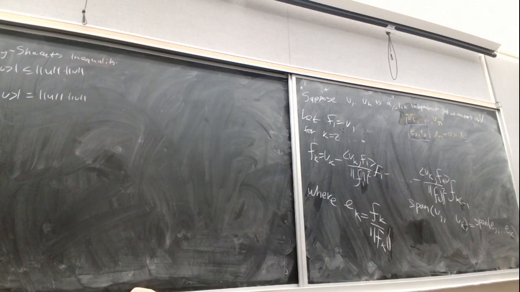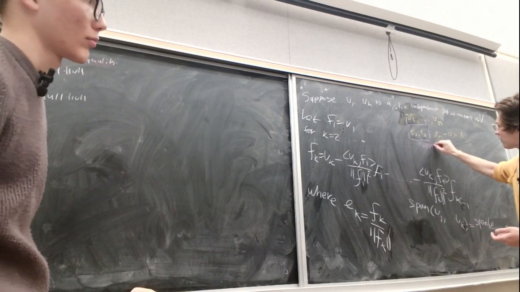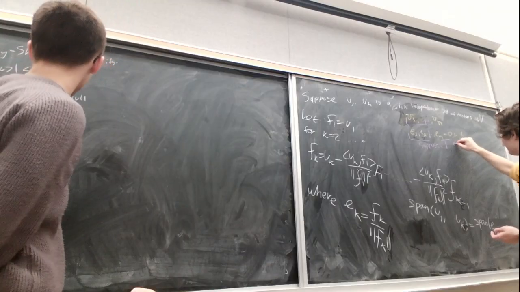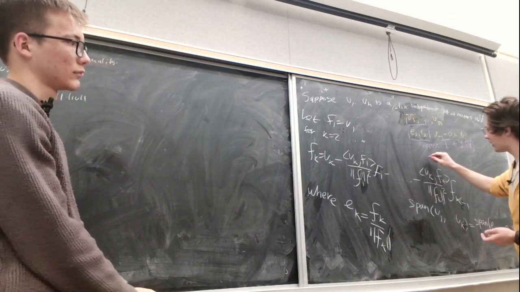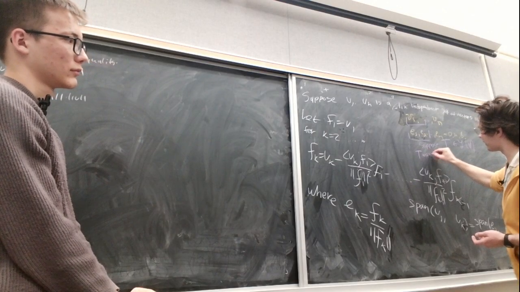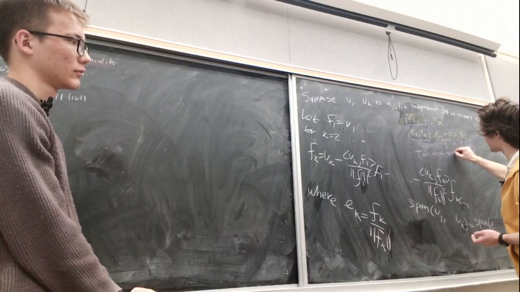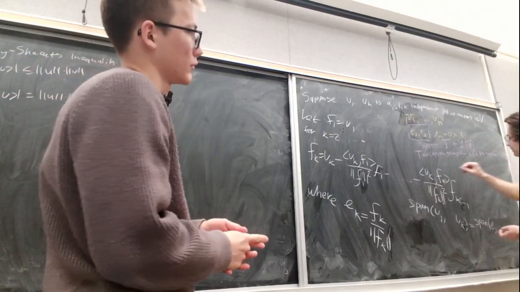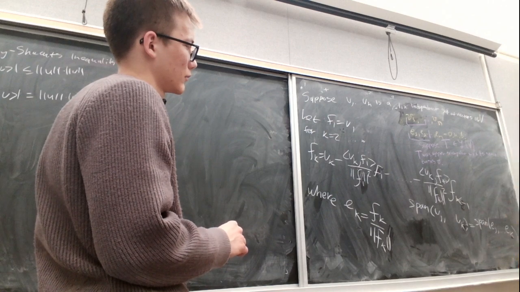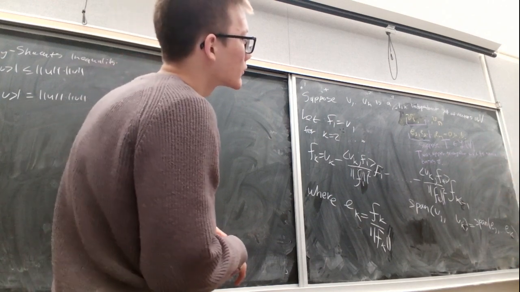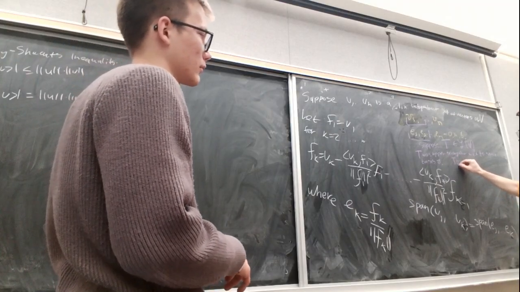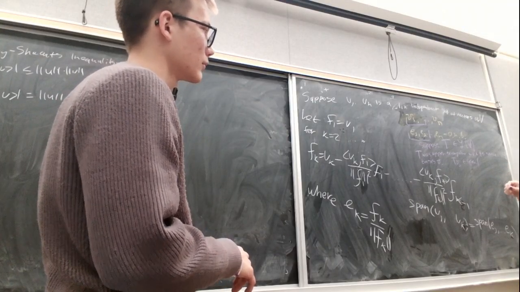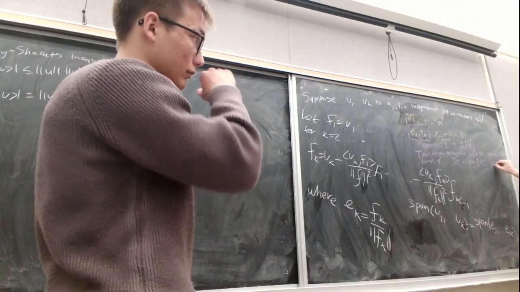Now, suppose I had some linear operator T on V, and T was upper triangular with respect to some basis V. Remember what this means: T Vj is in the span of V1 through Vj.